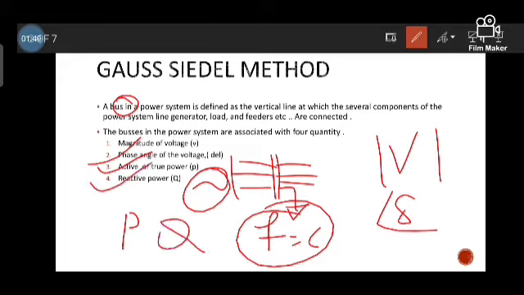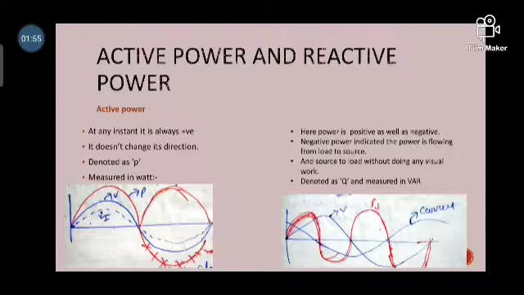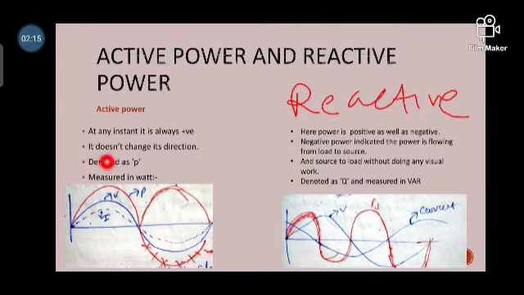Before going further, let's know about the active power and reactive power. I have already told you that the active power is always positive at any instant, but in the case of the reactive power it is negative as well.